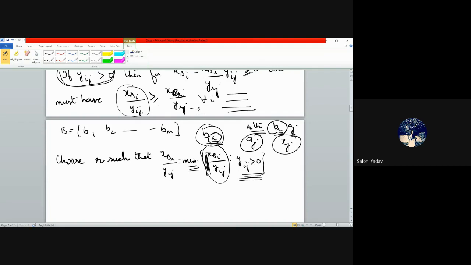So in case my yij is negative, or even equal to 0, whether it's negative or equal to 0, those yij's have no role to play in choosing my R. So it's only those remaining ones for which I compute these ratios. I take the minimum of them. I take that variable as my rth variable and decide that let that be my BR, which leaves the basis, the rth variable which leaves the basis.